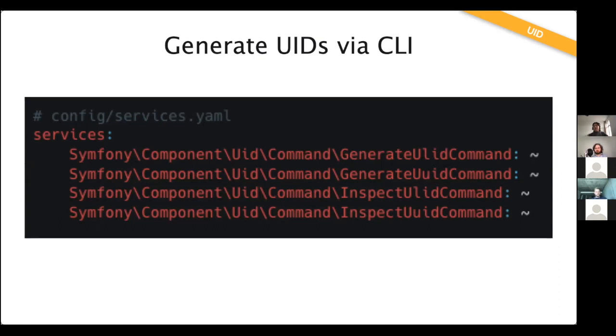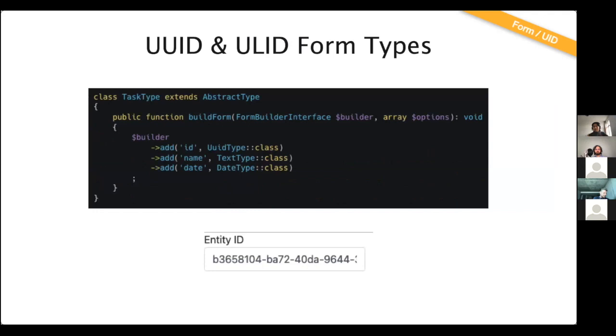And Symfony 5.3 also comes with a bunch of improvements in the integration between the UID component and other components in the ecosystem, the first of which are forms. So now Symfony 5.3 comes with form types for UUID and ULID.